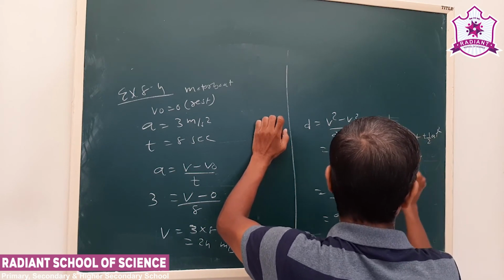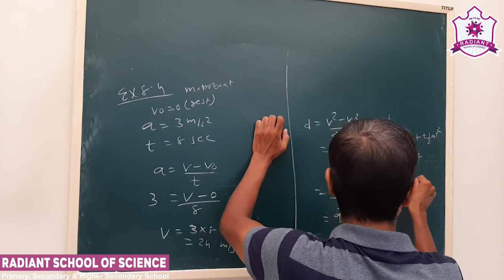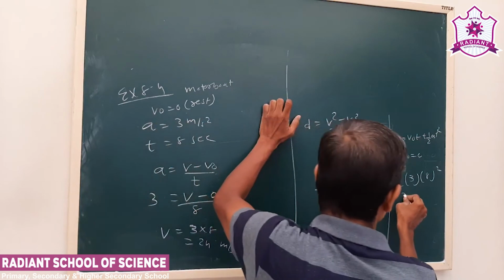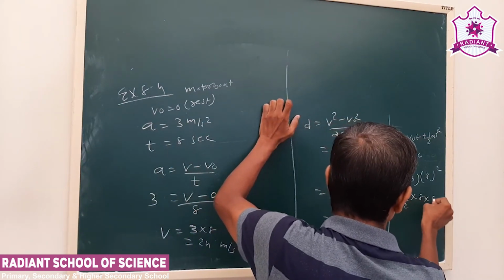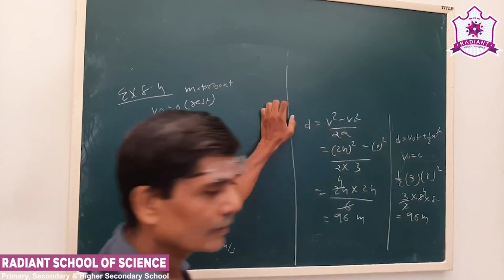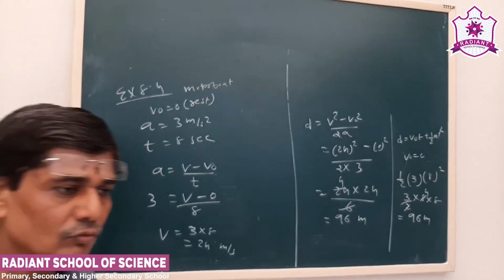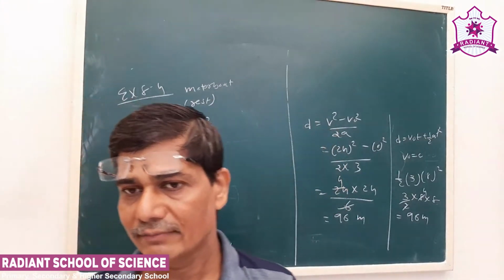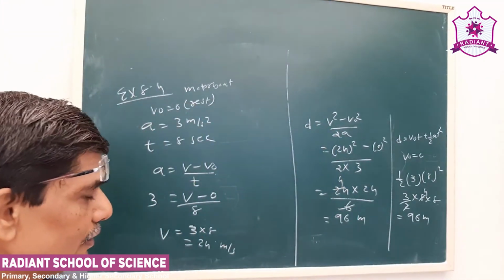V0 is 0. So 1 by 2 a is how much? 3. See, what you can check is we get the same result. So this is the important use of the equation we derived. Write it down, then we proceed further.